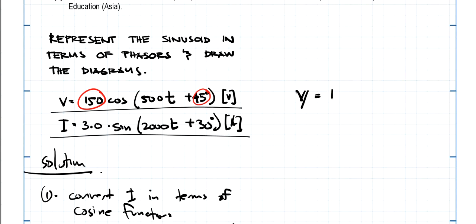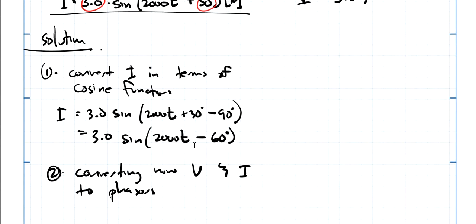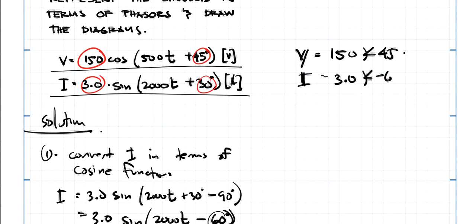So that's going to be 150 angle plus 45. And then for the I, again, here's the magnitude and here's the angle. So the magnitude is 3.0 and the angle should be in terms of cosine, so minus 60 degrees. So here are our phasors.